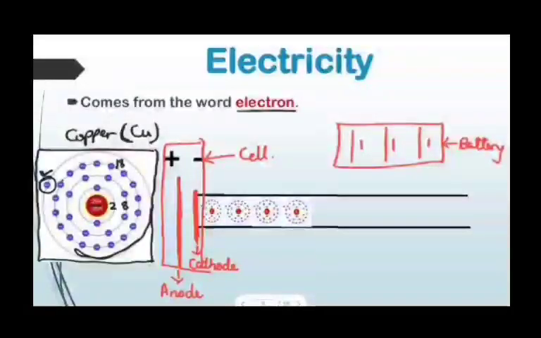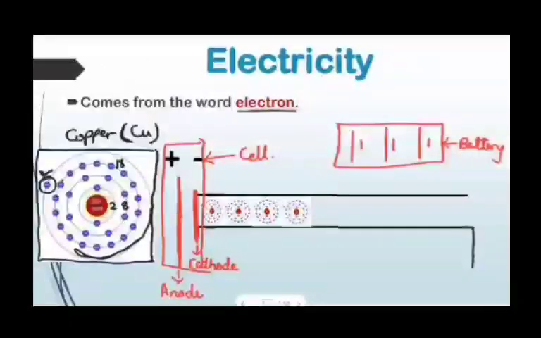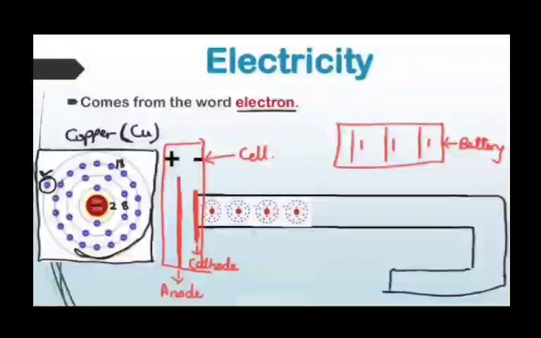Now, in this circuit there's normally a switch. What does the switch do? That's the switch that I'm making, I'm making the symbol, children.